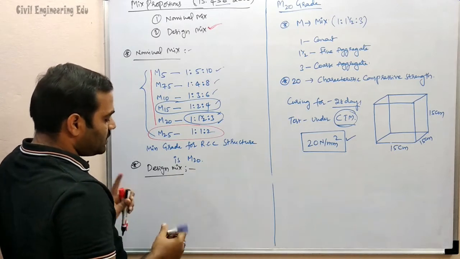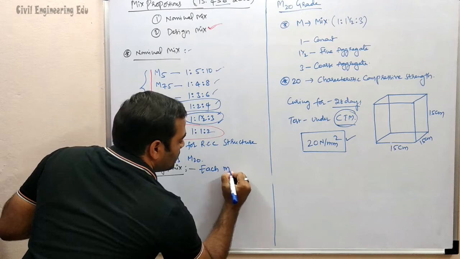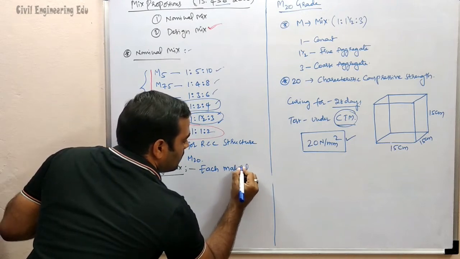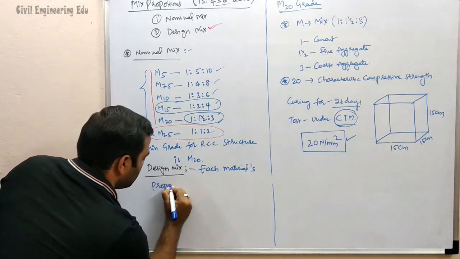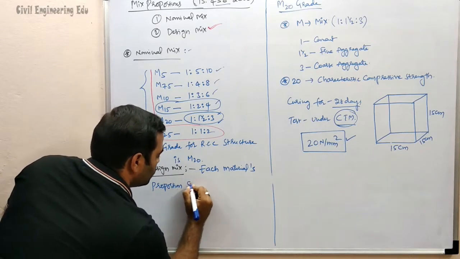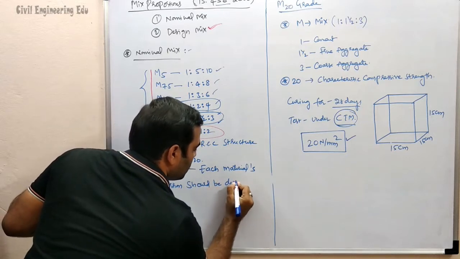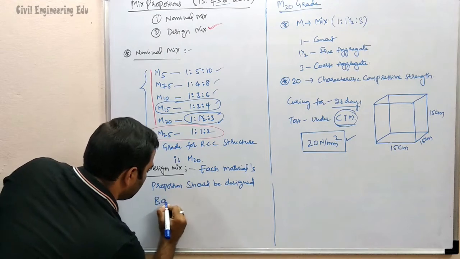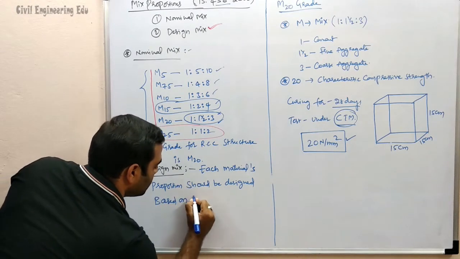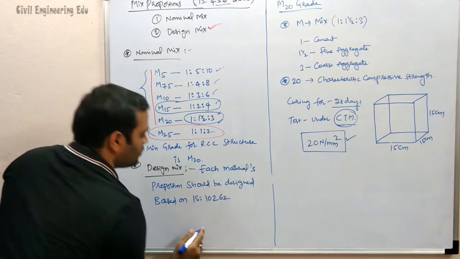So in design mix, each and every material's proportion should be designed based on the IS 10262 code book.